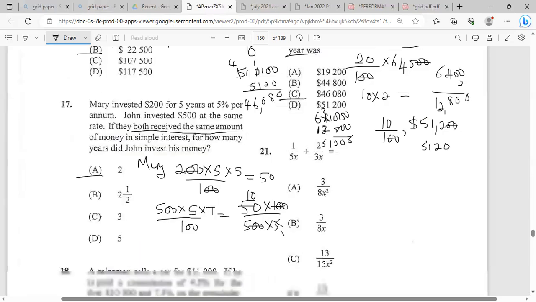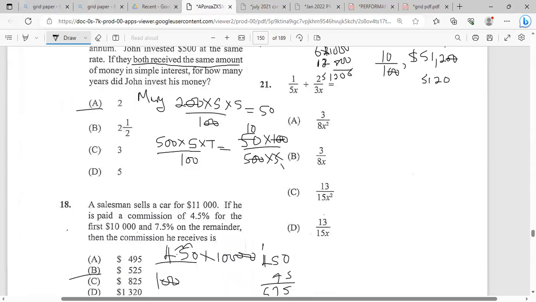And then they give you an easier one to just relax. So it's 1 over 5x plus 1 over 3x. And we know that we're going to find the LCM. This is a repeat question, a very popular one. Oh, this is supposed to be plus 2 over 3x squared. So our LCM would be 15x squared.